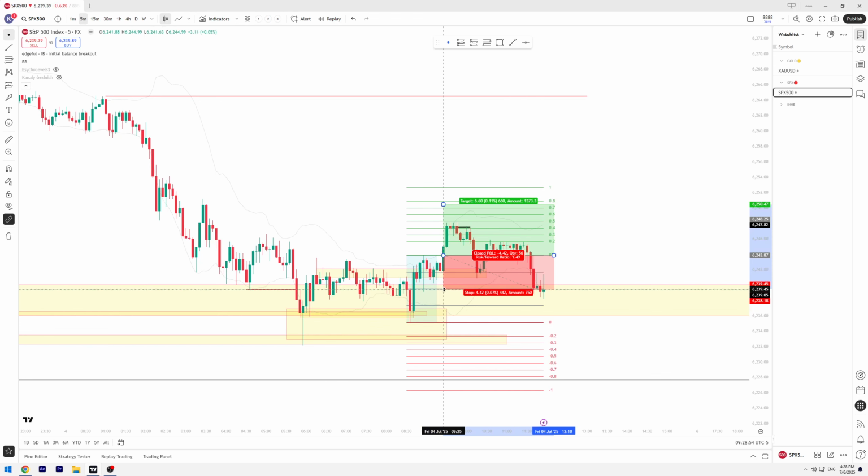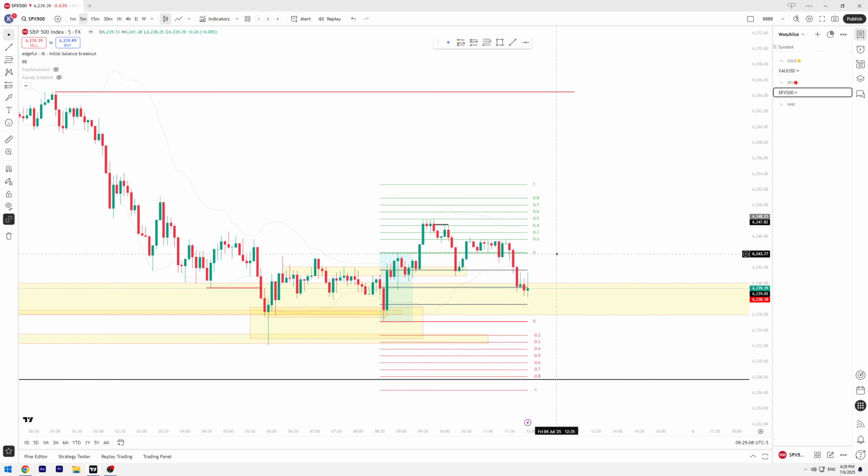Or even the 75%, which is a 12% chance, but it's a very big stop loss. So this is pretty much all the things that I look for in the initial balance.